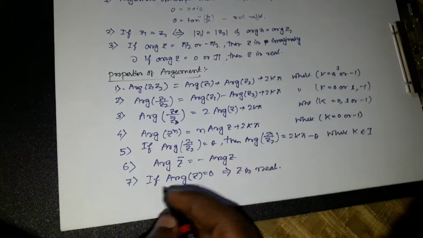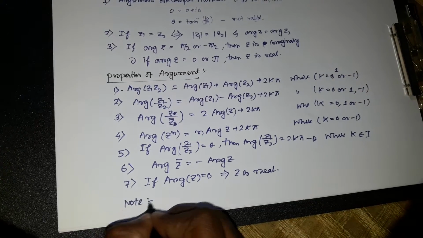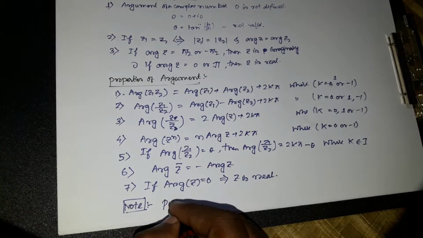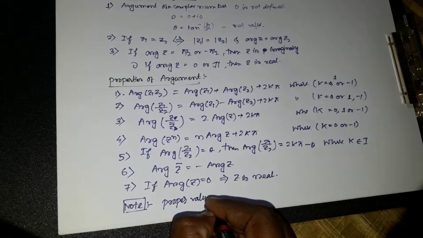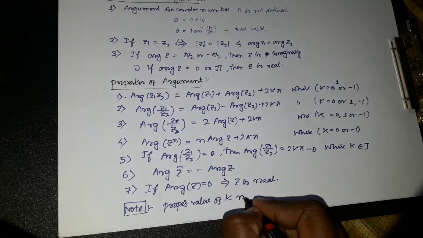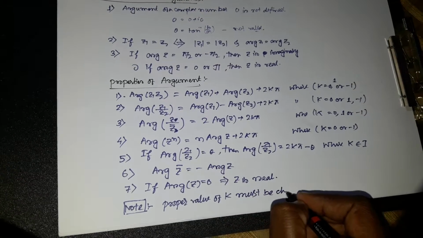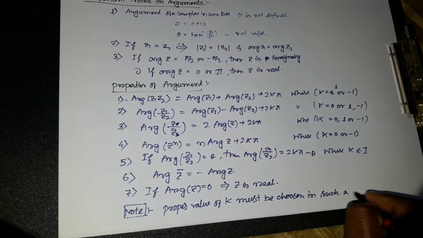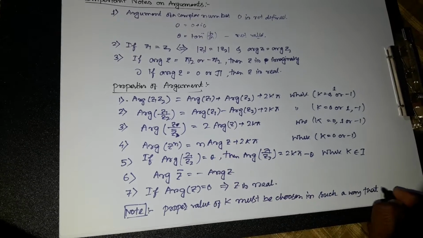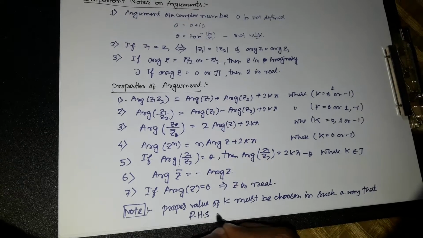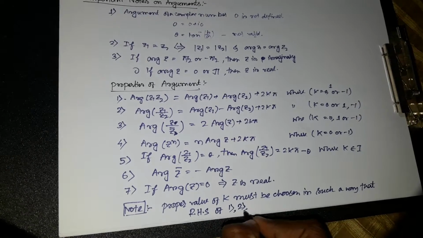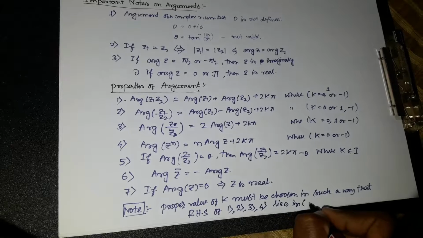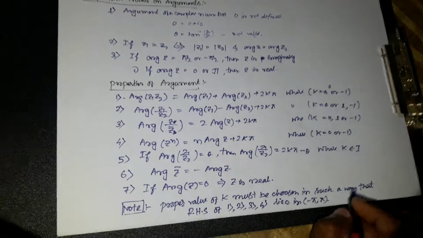So note that the proper value of k must be chosen in such a way that the RHS of 1, 2, 3, 4 lies in minus pi to pi. Okay, that's the end for today.